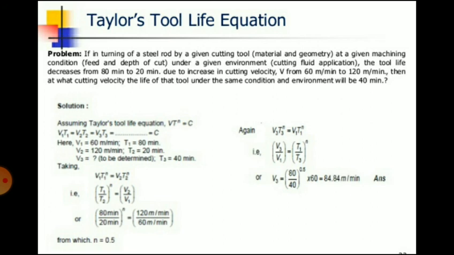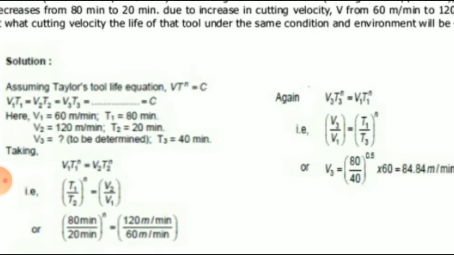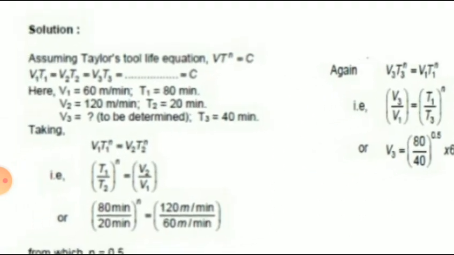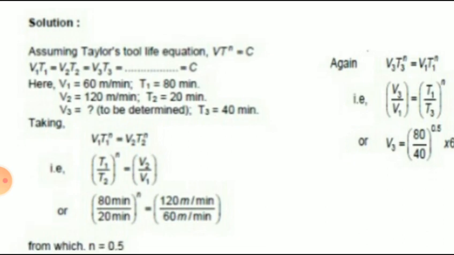First of all, you have to find the value of n, the tool life index. Use the formula V1 T1^n = V2 T2^n. The values of V1, T1 and V2, T2 are known. By putting these values you can find the value of n.